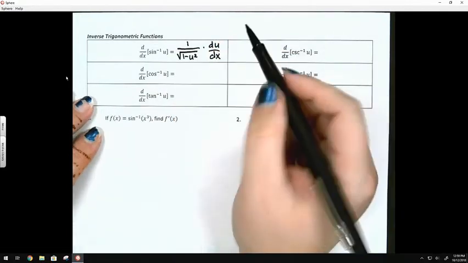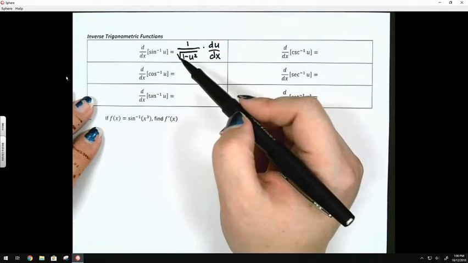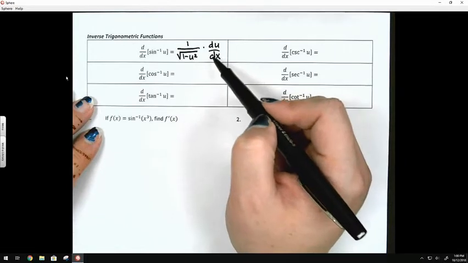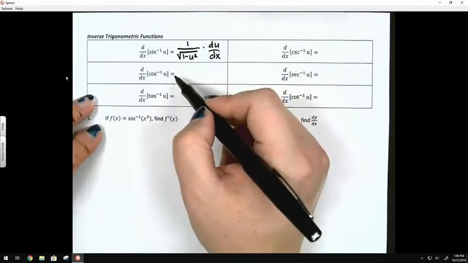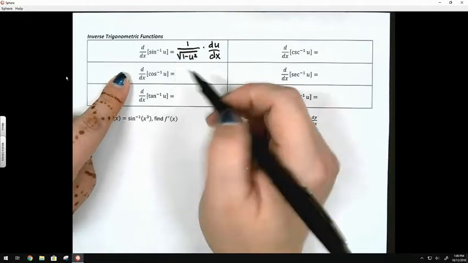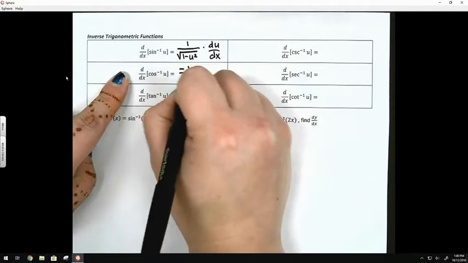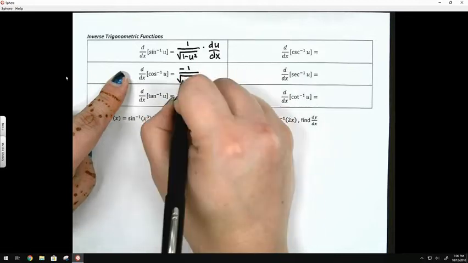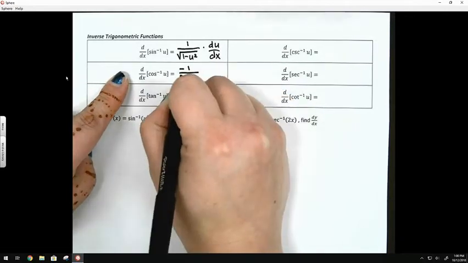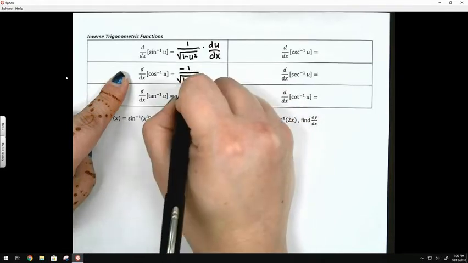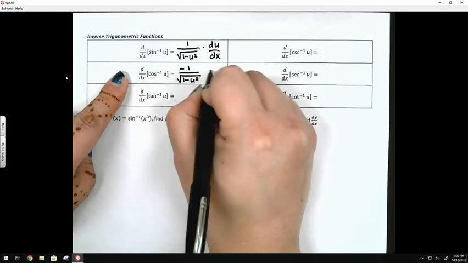And again, remember, u is just a function of x, so this du/dx is helping us take care of the chain rule if it's needed. All right? Cosine inverse of u, it's really nice because it's actually just the negative of the sine inverse. So it's negative 1 over the square root of 1 minus u squared times du/dx.